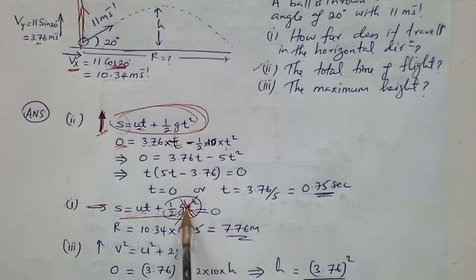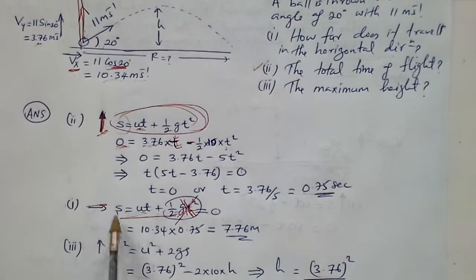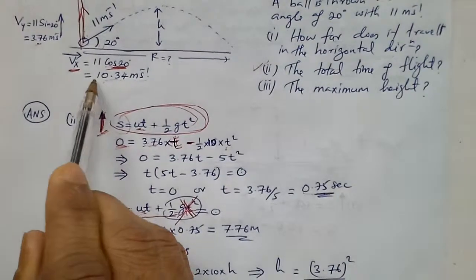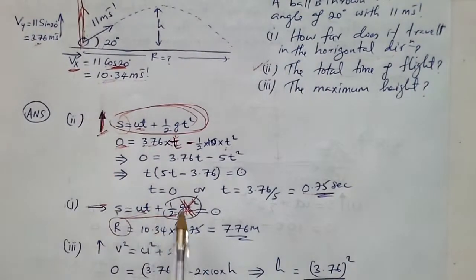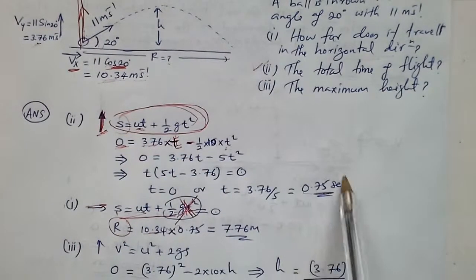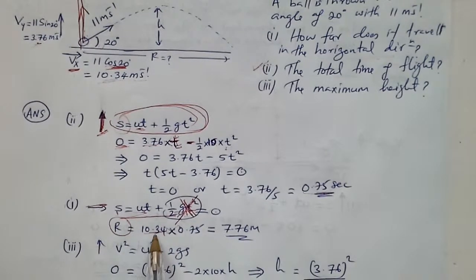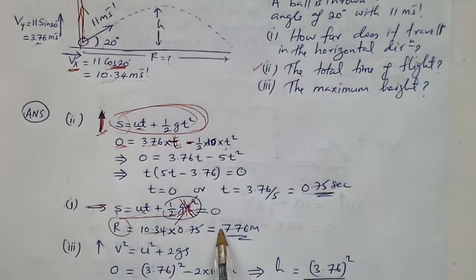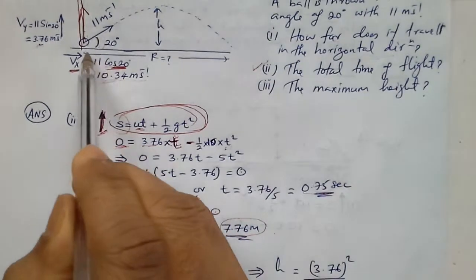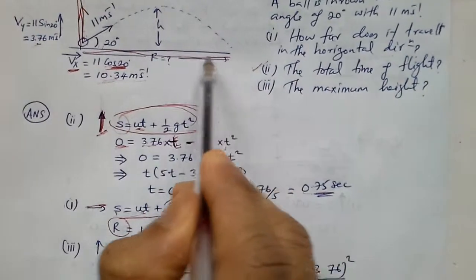So the total range R is equal to the speed in the horizontal direction, 10.34, times the total time of flight, which we calculated as 0.75. If you multiply these two values, you get 7.76 meters. So 7.76 meters is the total range.